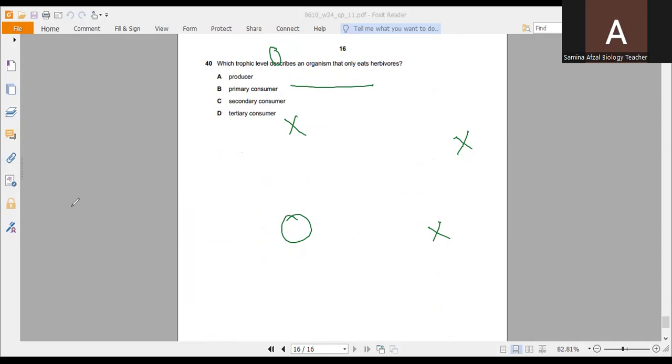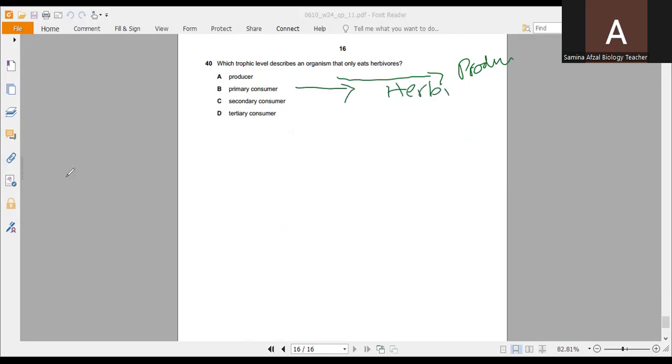Next question is, which trophic level describes an organism that only eats herbivores? Producers are the green plants which produce the food. Primary consumers are the herbivores which eat the plants.